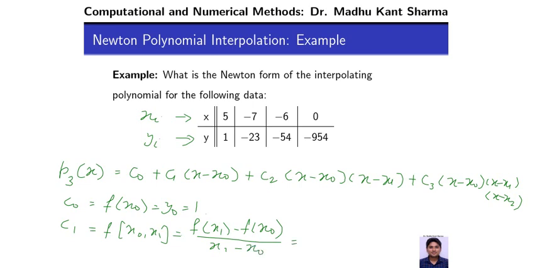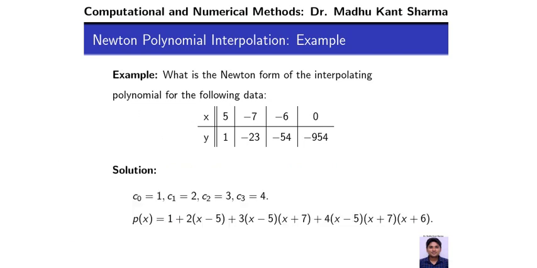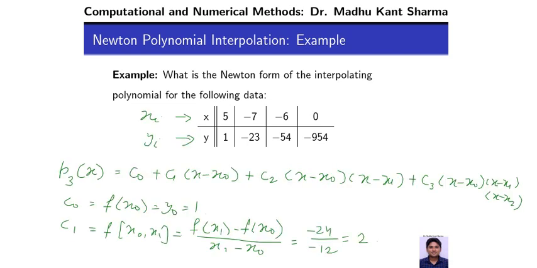So that is equal to minus 23 minus 1, which is minus 24, divided by minus 7 minus 5, which is minus 12. So that is equal to 2. Okay. Similarly, you are going to get c2.